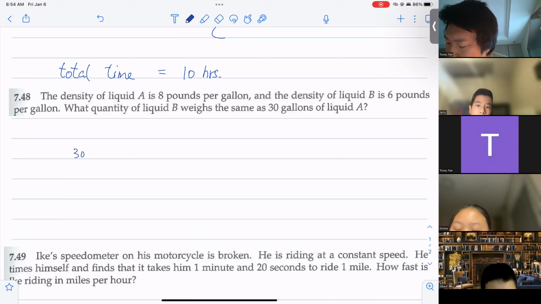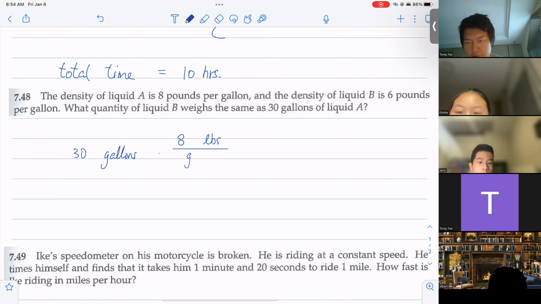So 8 pounds, we say LB, right? 8 pounds per 1 gallon. Something per something means per one something, right? Miles per hour means 60 miles per 1 hour, right? So you write 8 pounds per 1 gallon, and you times by 30 gallons, you see gallons cancel out. You just have 30 times 8, so 240 pounds.